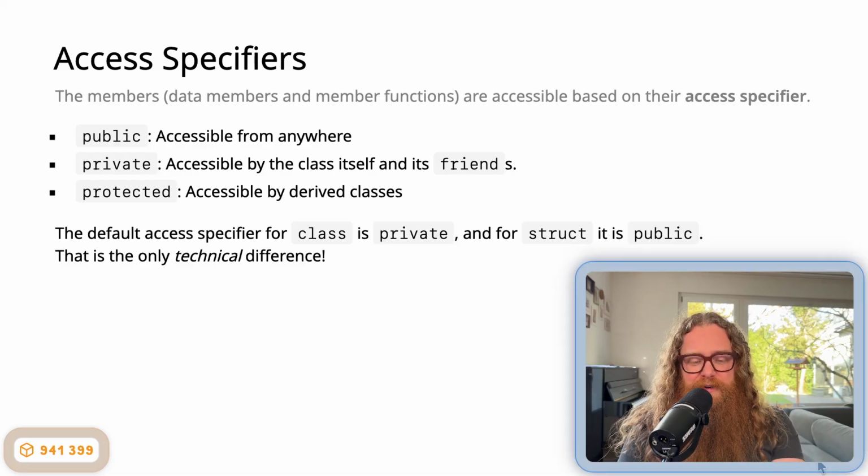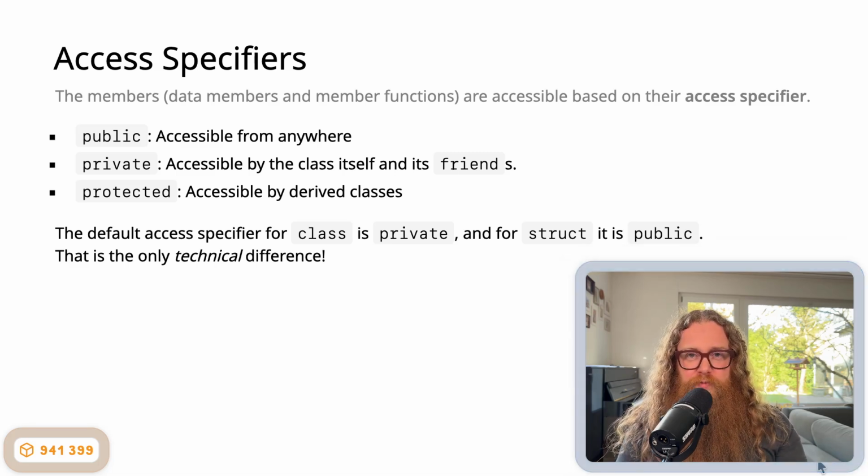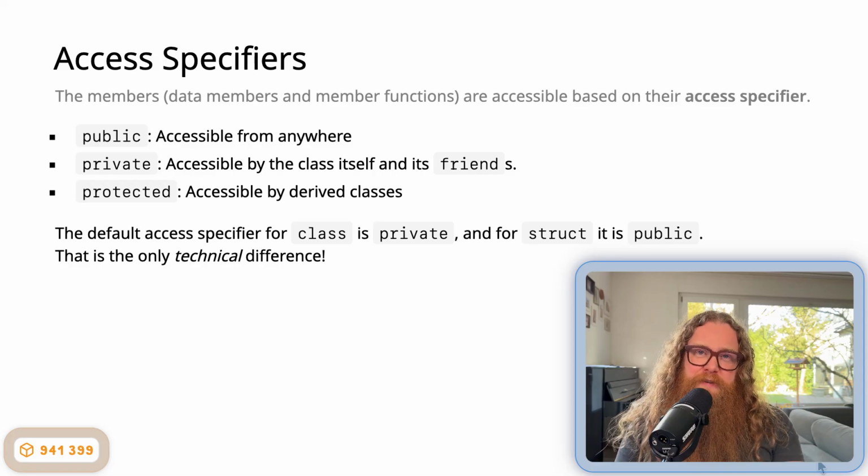So you can declare other classes and other functions as friends of a class. That means they can also access the private members. And there's also protected, which restricts the access to the class itself plus its derived classes. The default access specifier for class is private, and for struct it's public. This is the only difference between class and struct.